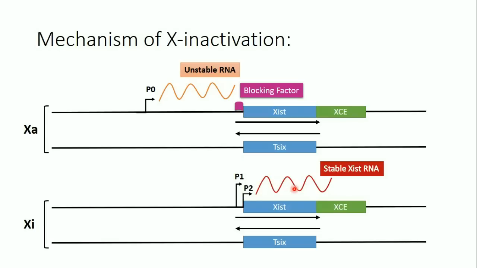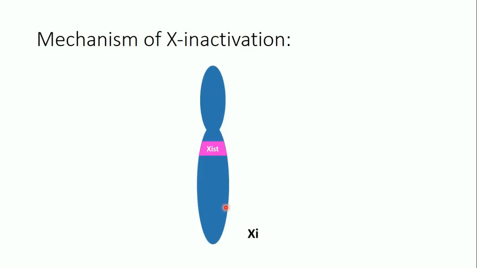Now let's see what happens. So this is the X chromosome. This is the XIST in the XIC center or the XIC region. The XIST is transcribed to the stable RNA, and then the stable RNA is going to accumulate in the cell, and it's going to cover the X chromosome like this.